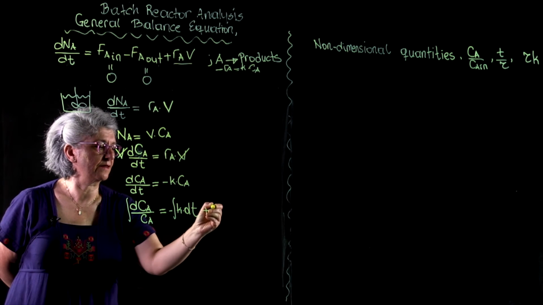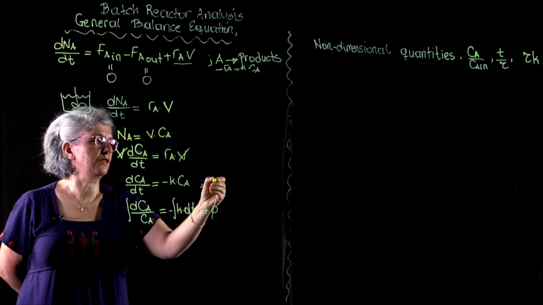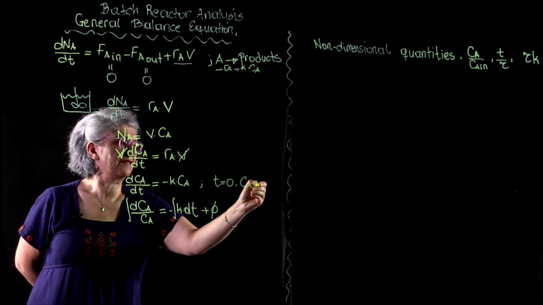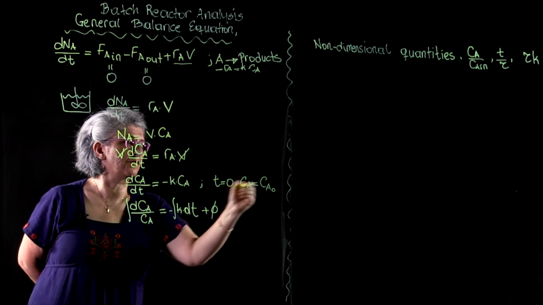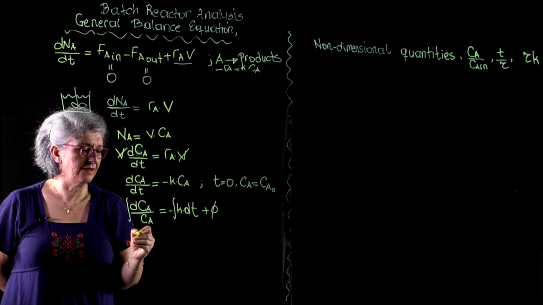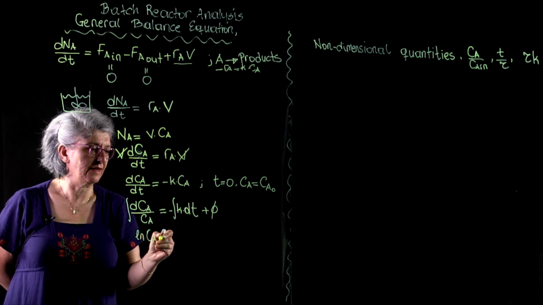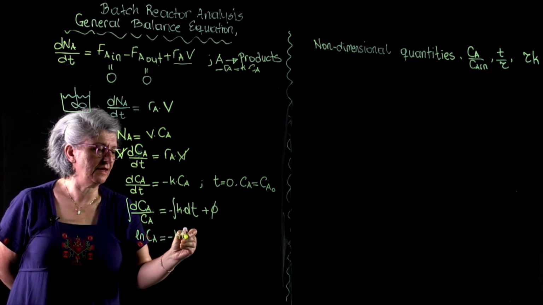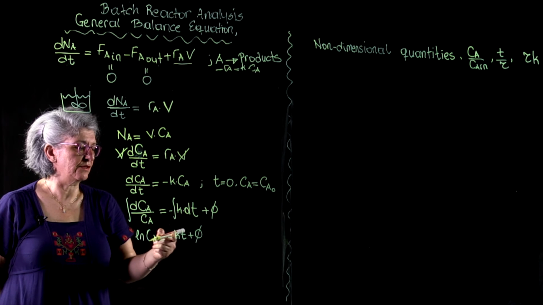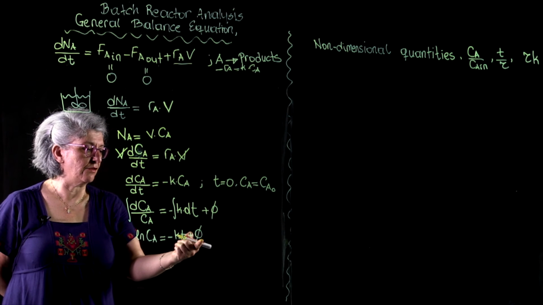With an integration constant phi and with an initial condition at time t equal to 0, Ca is equal to Ca0, the initial concentration. This integration yields ln of Ca equal to minus K times t plus an integration constant. At time t equal to 0, Ca is equal to Ca0, so phi becomes ln Ca0.